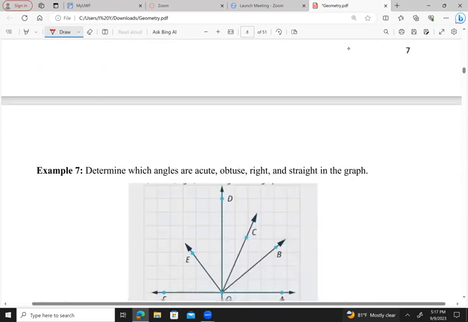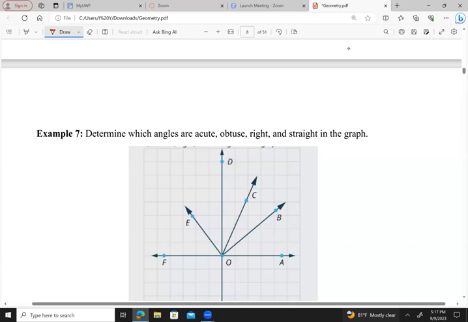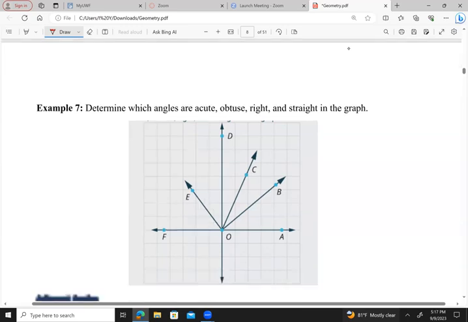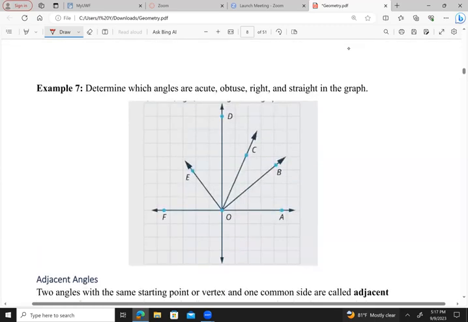So, which angles are acute, obtuse, right, and straight? Well, let's see. Let's start with FOA. That's this angle right here.